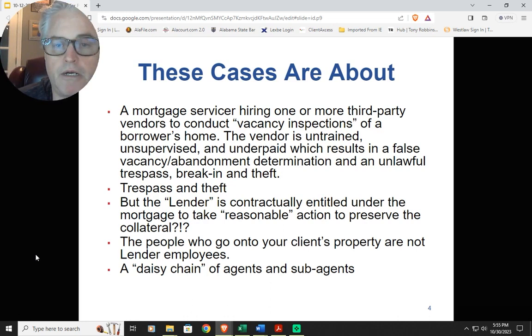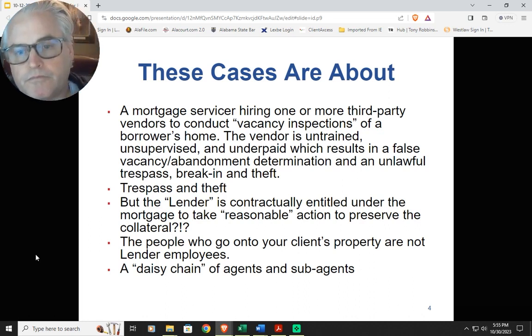They are vendors who are hired by some other company. We've called it a daisy chain of agencies and sub-agencies, where you have a group of people with very little to no accountability who are, at least on the surface, going in and essentially robbing your clients.